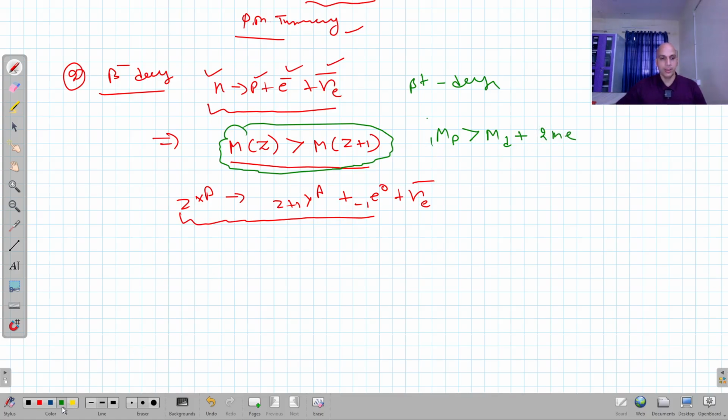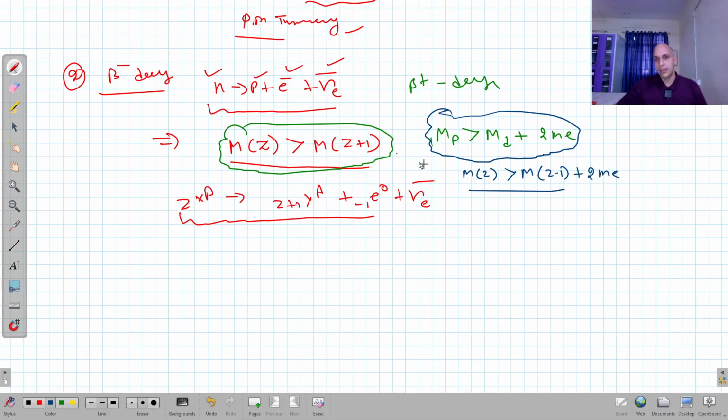This is very important, that beta positive decay can take place if this condition is satisfied. You can write it in this way also: the mass of the parent should be greater than the mass of the Z minus 1 daughter plus 2 times the mass of the electron, right?